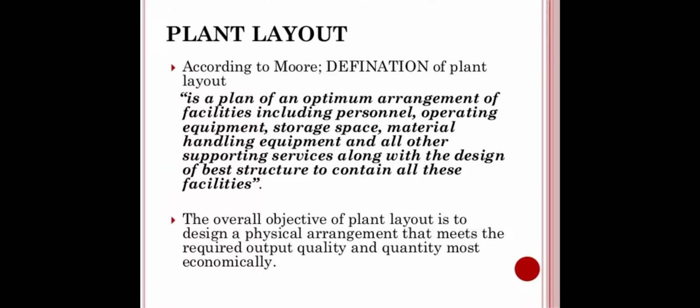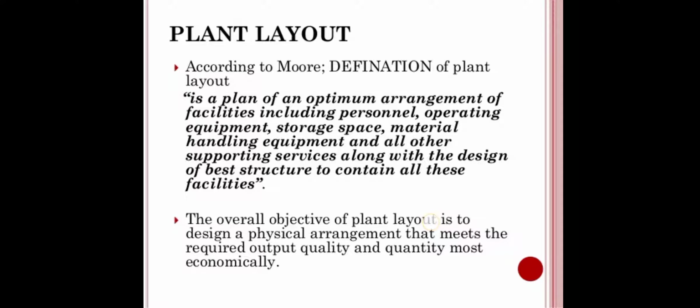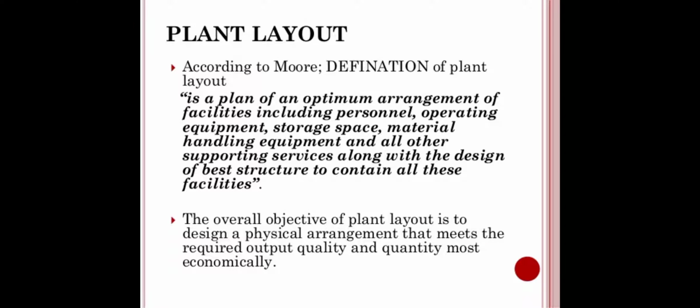Now the plant layout. Why plant location and plant layout? Because they are important side by side, because we need the location that fits in with the optimum arrangement of facilities, including personnel, operating equipment, storage space, material handling equipment, and all other supporting services, along with the design of the best structure to contain all these facilities.